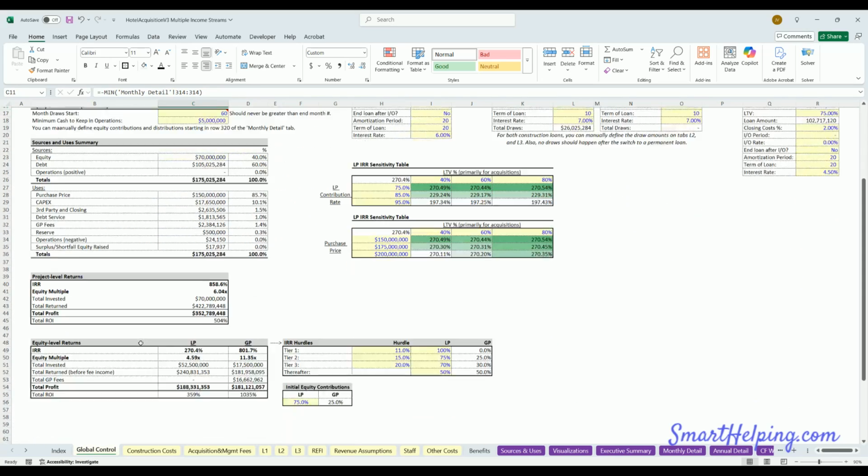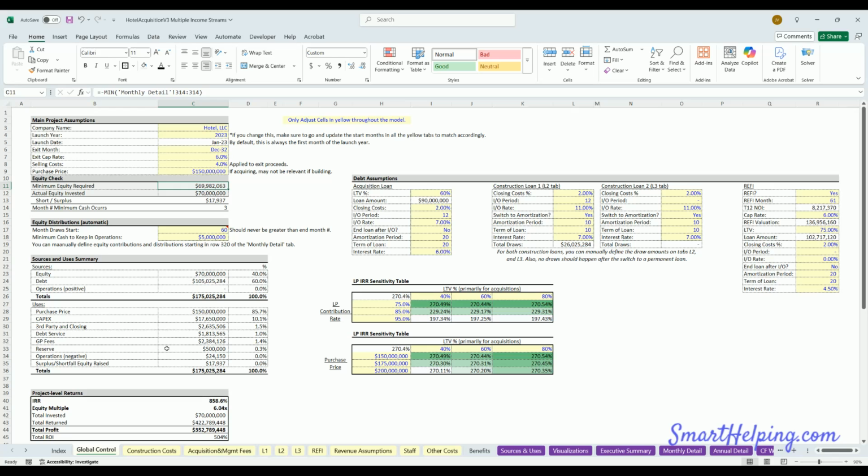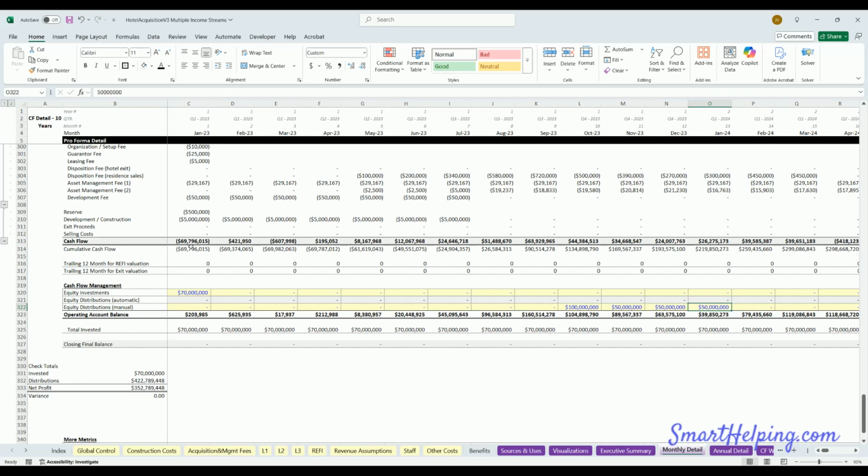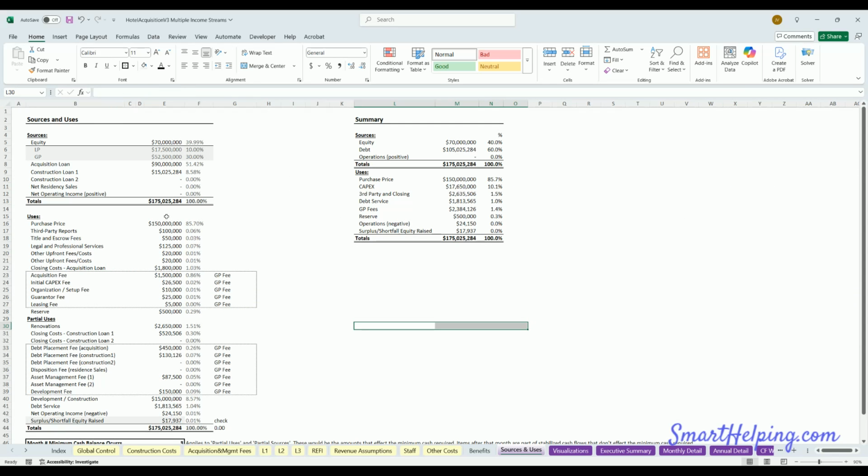Okay, let's talk about sources and uses because this is unique. What I've done, so you can see on the monthly detail, we have this kind of minimum cash required thing that happens. So for the sources and uses, not everything is going to be upfront. It can be over time, and the costs that happen over time that affect your minimum equity required can change based on the assumptions.